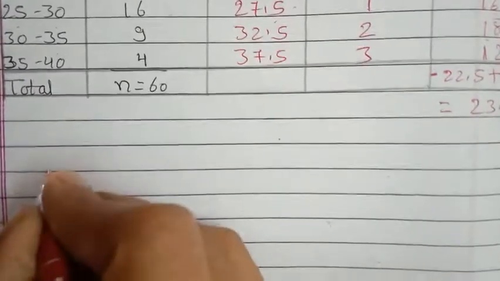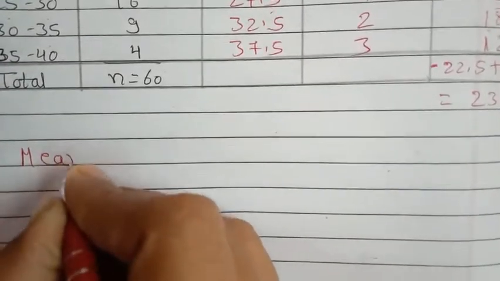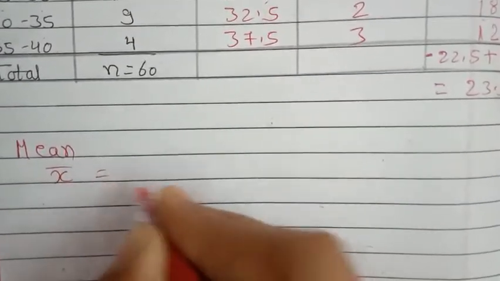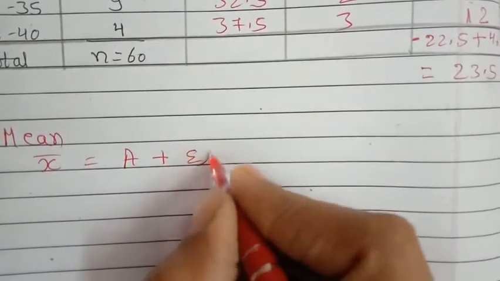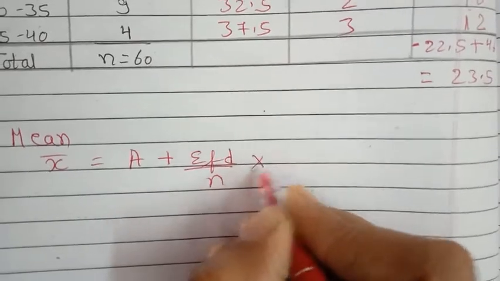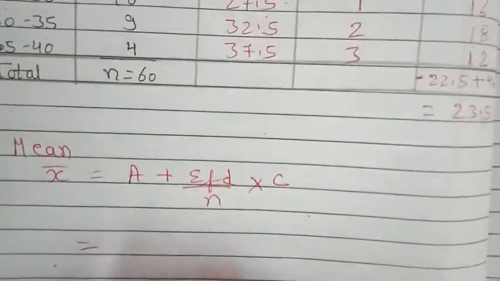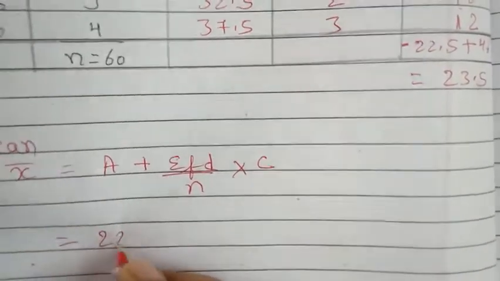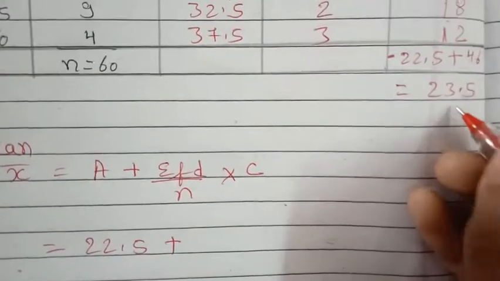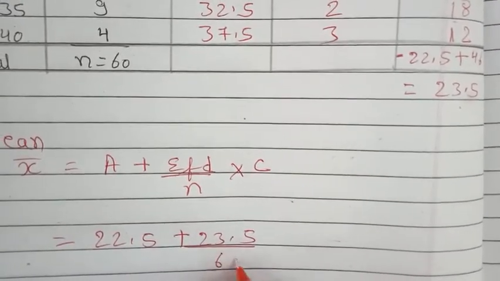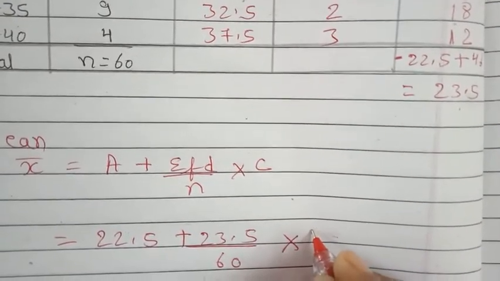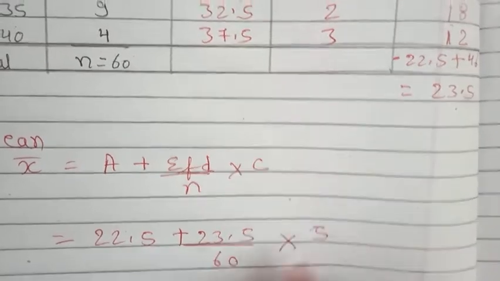Now we have to find the mean, so x bar is equal to A plus sigma FD upon n into C. Our assumed mean is 22.5 plus sigma FD is 23.5, n is the number of observations 60, multiplied by C, that is 5.